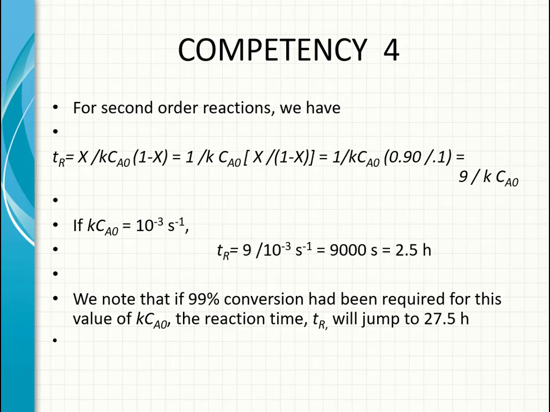If we assume that k Ca0 is 10 to the minus 3, tR is going to be 2.5 hours. So for a second order, the time necessary is 2.5 hours, and for the first order it was 6.4 hours.